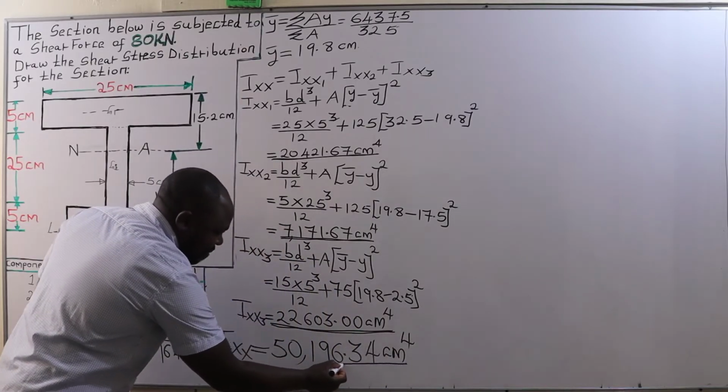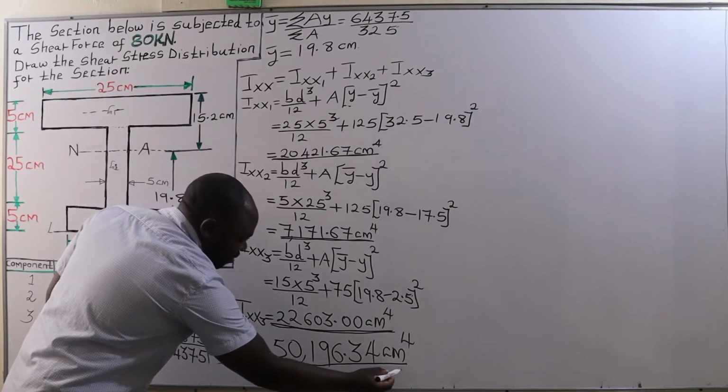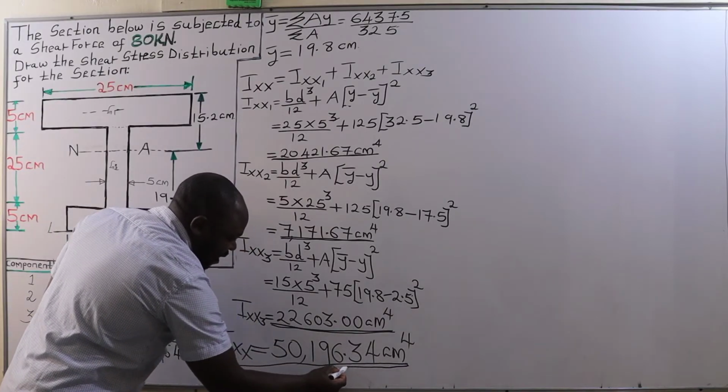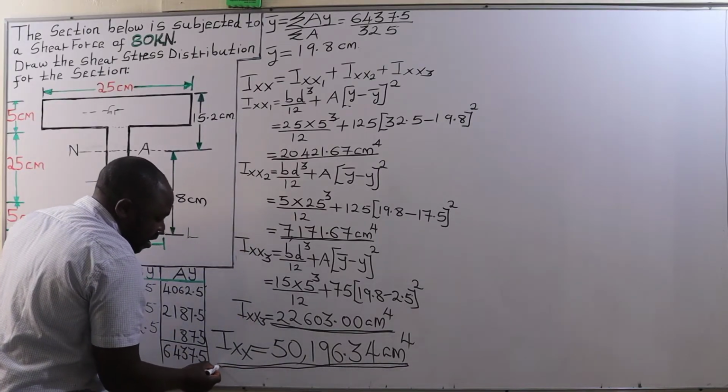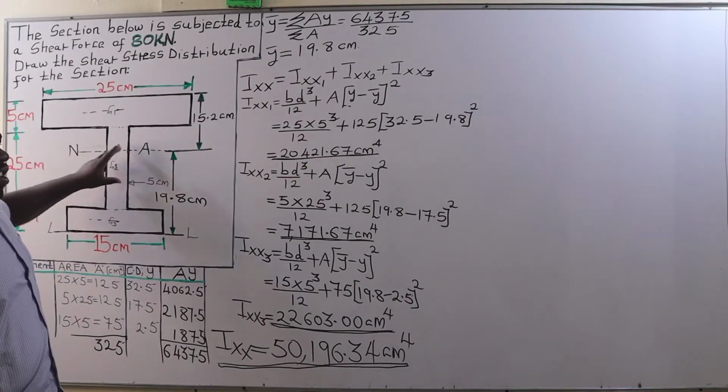Therefore, that is the moment of inertia about the neutral axis or about the XX axis of this I-beam section.